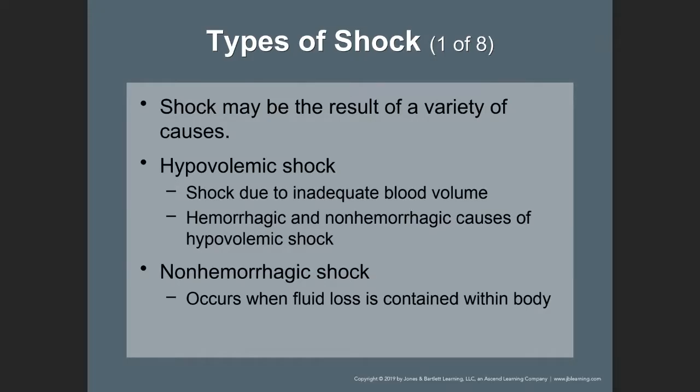The non-hemorrhagic shock occurs when fluid loss is contained within the body. And usually that fluid loss will create what we call third spacing. And I've already explained to you what third spacing is. It's when fluid ends up in areas in the body where it cannot participate in normal metabolic functions.